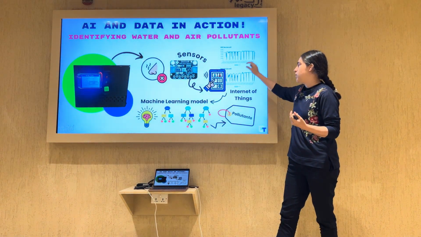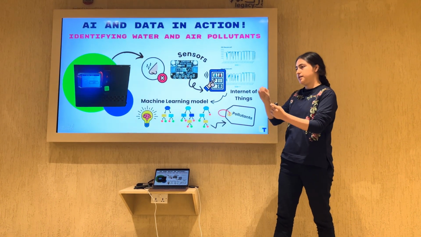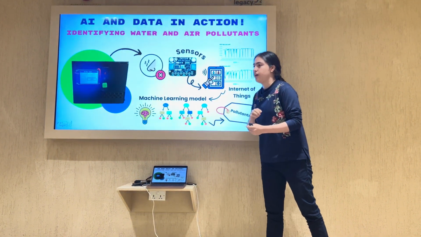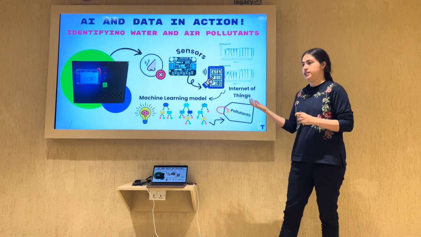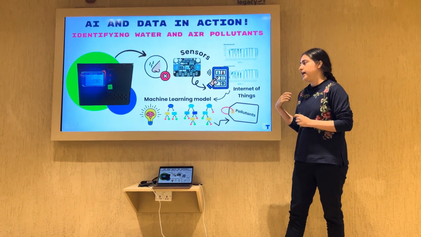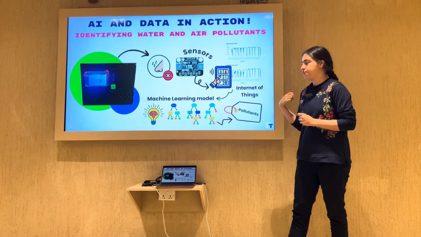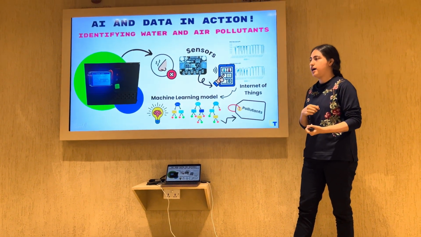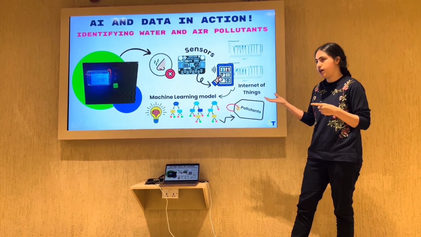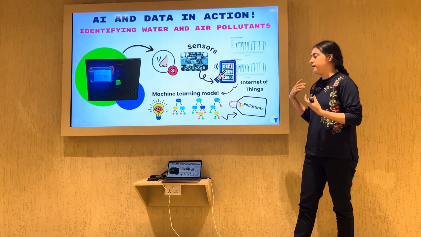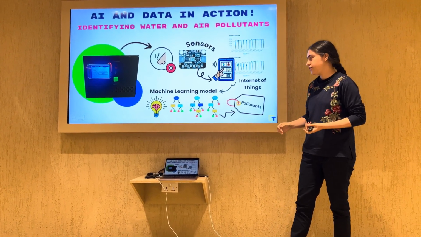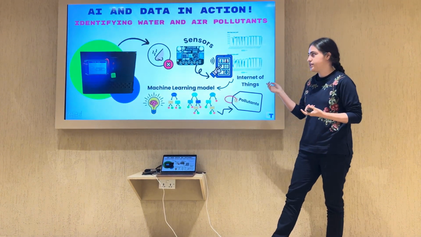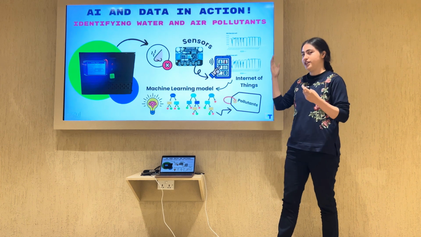So we took all these time steps into a time series, and these time series were then classified into different pollutants in the air. For example, if you have ammonium, or methane, or CO2 within the space you're staying, or the water that is near there, you can identify which pollutant you're having by using artificial intelligence and these hardware sensors that I talked about.